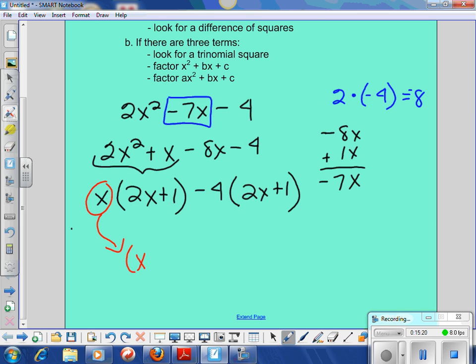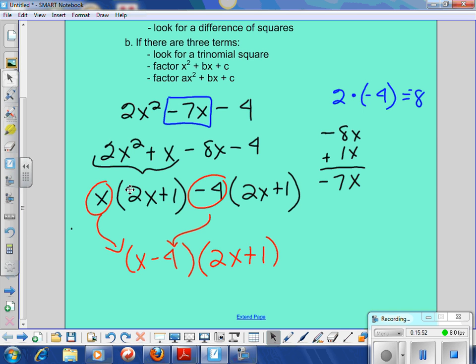And then you're going to take our negative 4, which once again is being multiplied by the same terms, bring that down here, and that becomes our first set of parentheses. And now our second set of parentheses, since they're identical, you just write it once, 2x plus 1. If I FOILed this out, I would end up back at my original equation of 2x squared minus 7x minus 4.